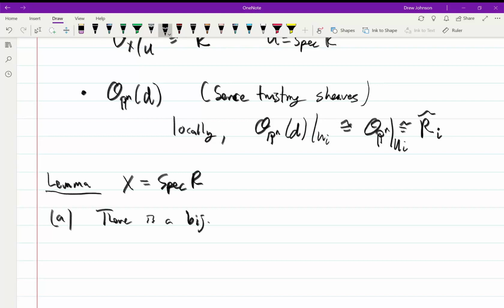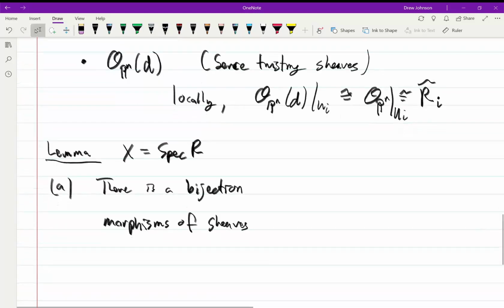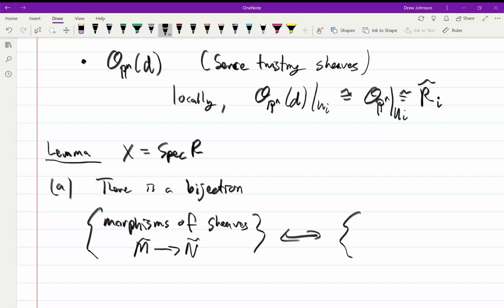So there's a bijection between morphisms of sheaves M tilde to N tilde, and R-module homomorphisms, one to one.